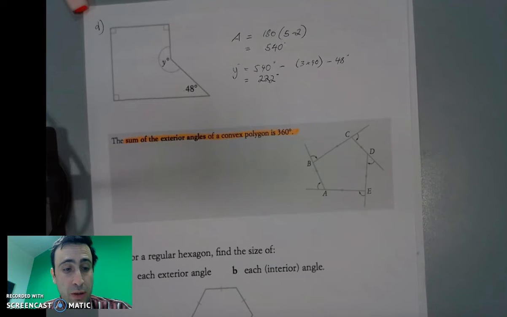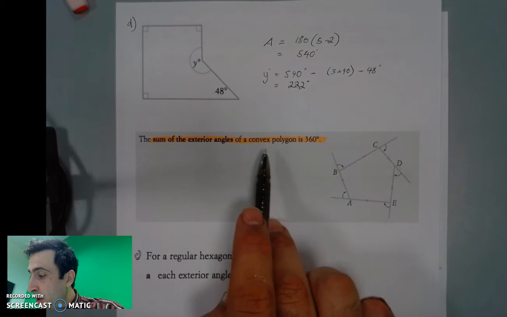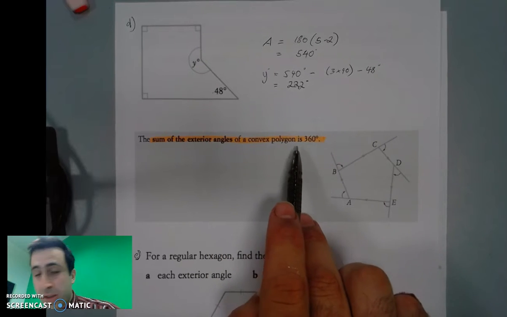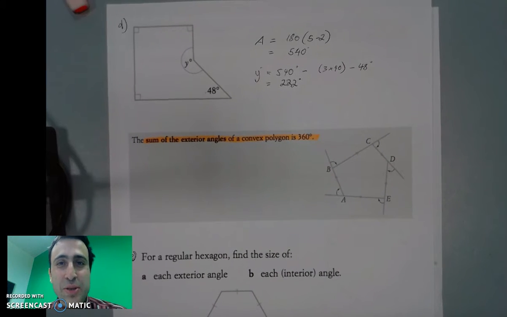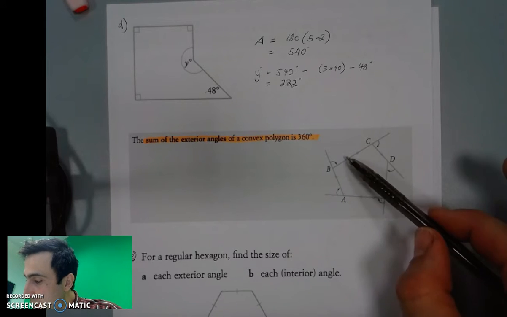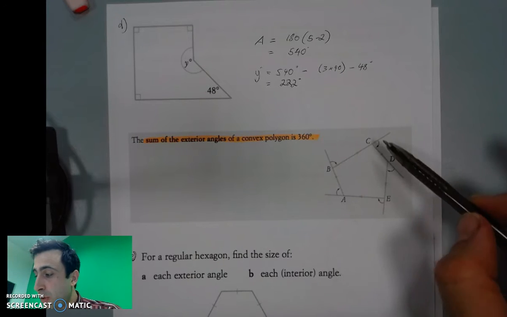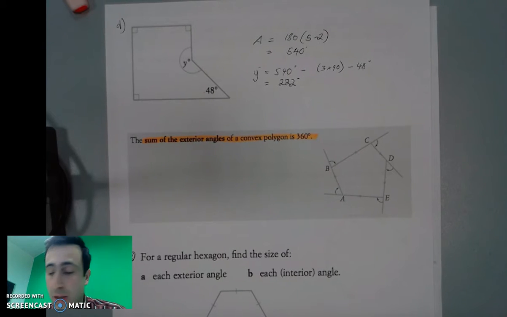Now, last but not least, we have the sum of the exterior angles of a convex polygon is 360 degrees. And this is quite interesting, that if you add up all of the exterior angles, so if we project each side onwards, all of those exterior angles will add up to 360 for a convex polygon.